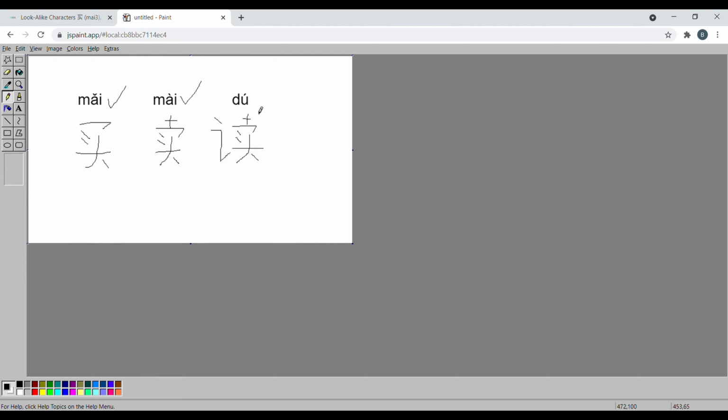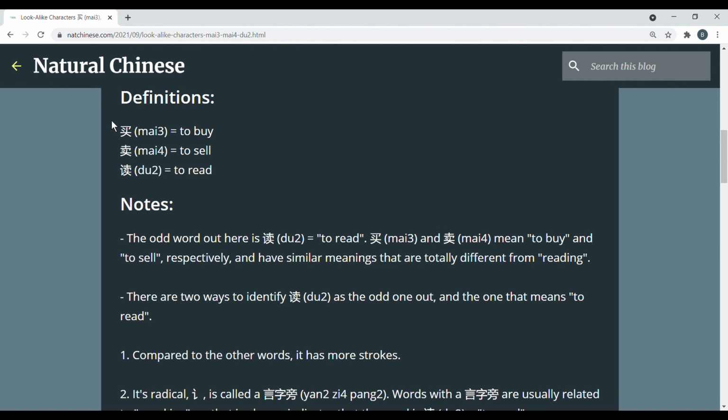So then that would give us dú, to read. And we can see how we start with one character, and we just add some more strokes to get these 2 words, mài and dú.